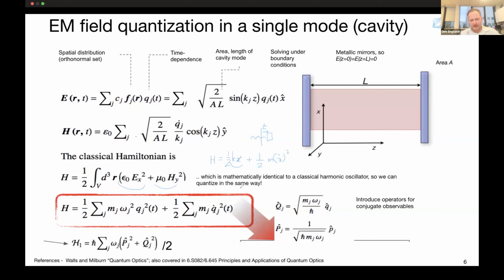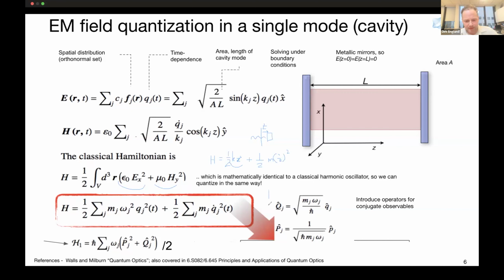And now in the late 1920s, they applied the same quantization rules to the optical field, having noticed that it has the same math as a harmonic oscillator of a massive particle on a spring, for example. For that reason, people call this the second quantization, the first being the quantization of matter, and here the quantization of optical fields.